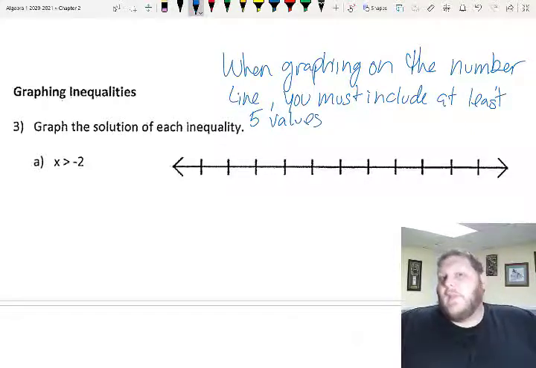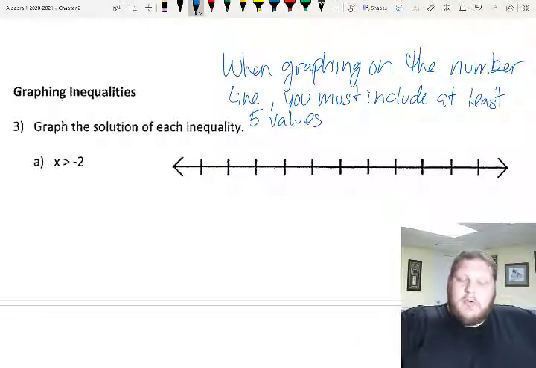So you can include more than that, but at minimum, I want 5 numbers on your number line. You can see I provide a whole lot more than that on the number line that's printed on the page here, but at minimum, I want you guys to at least include 5 of them.